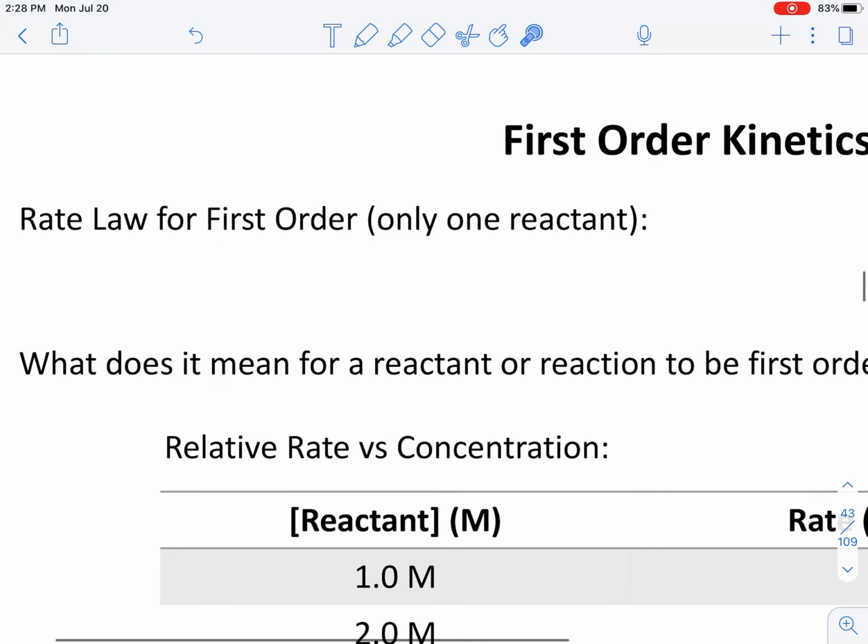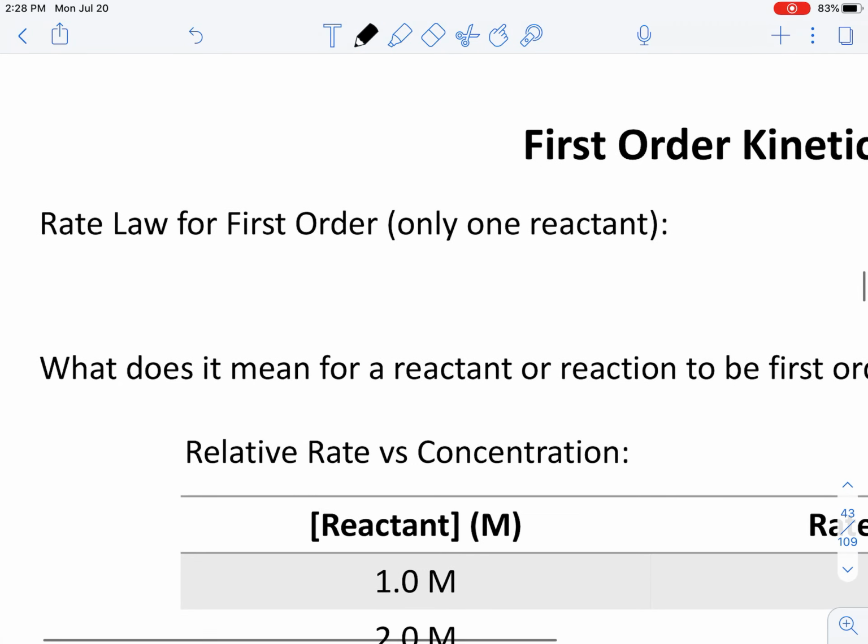So I want you guys to keep in the back of your mind a general chemical reaction that only has one reactant, such that alpha is going to represent the coefficient for reactant A. And reactant A is going to undergo some type of decay or decomposition to produce products, whatever they are.